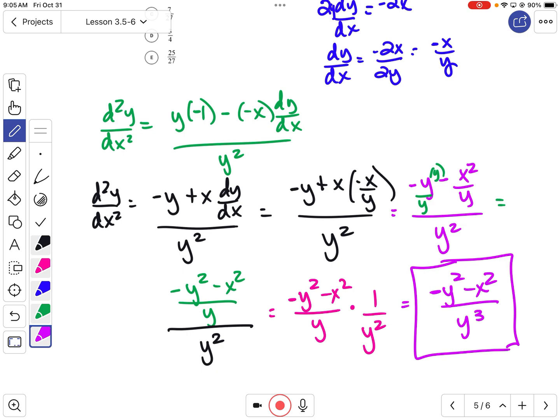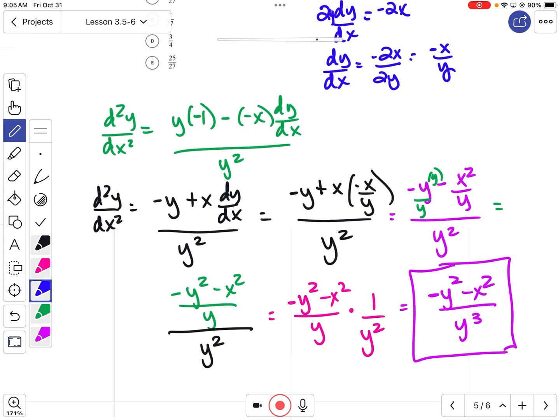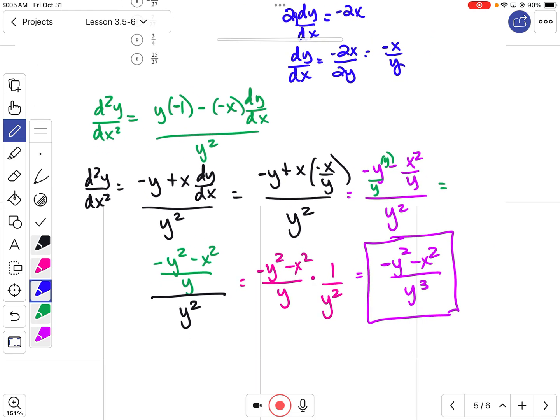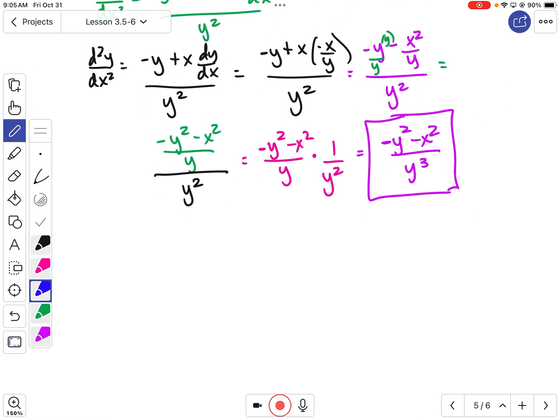Now, to answer our question, we want the actual slope at an ordered pair. So we're just going to plug in the values that they gave me. What were the x and y values? 4 and 3. So I'm going to plug in 4 and 3. How I would show that if I was having to show my work, it would look like that. We would put that bar next to it and then the ordered pair at the bottom. I'm plugging in 4, 3.